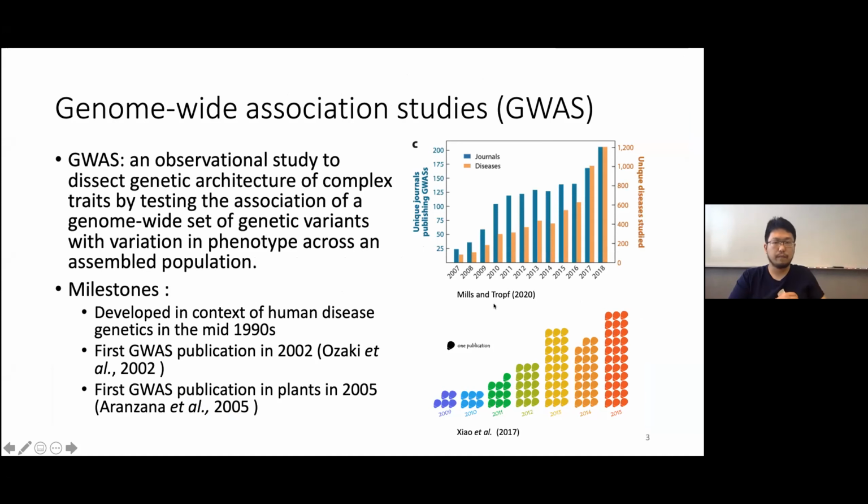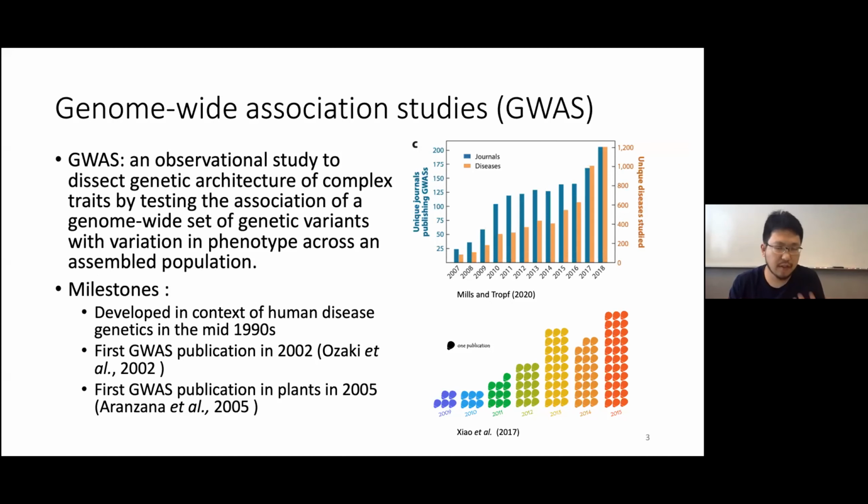Okay, so the topic of this workshop is genome-wide association studies. GWAS is an observational study to dissect the complex genetic architecture of complex traits by testing the associations of variation of genetic markers with the variations in the phenotypes across an assembled population.